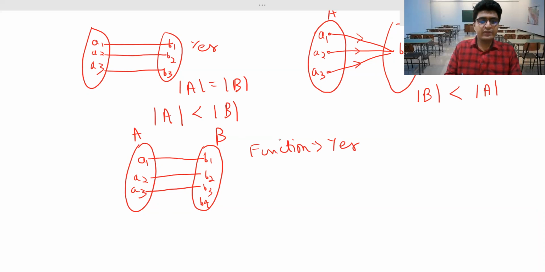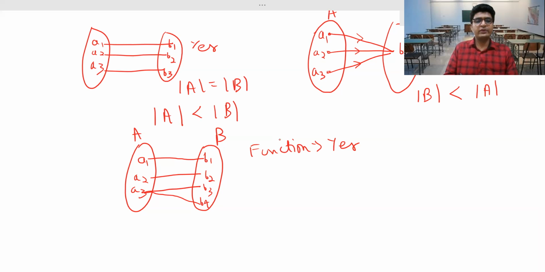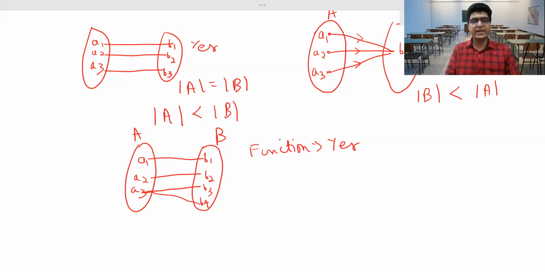If I try to associate it to one of the elements in A, the problem is that it is no longer a function, because A3 cannot be associated to more than one element in B. The definition of a function says that each element in A should be associated to exactly one element in B, but here it is associated to two elements in B. So I cannot make this surjective.